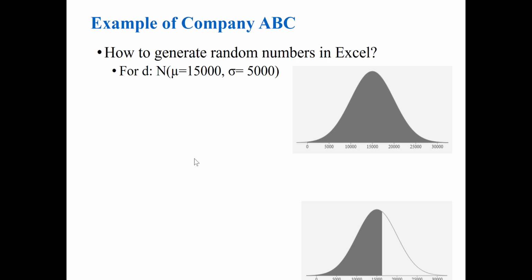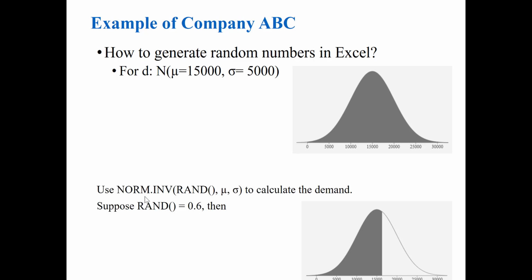To generate a value from a normal distribution, Excel has a function. The function is NORM.INV, which means inverse of the normal, and you put the random value, the mean of this distribution and the standard deviation of this distribution.